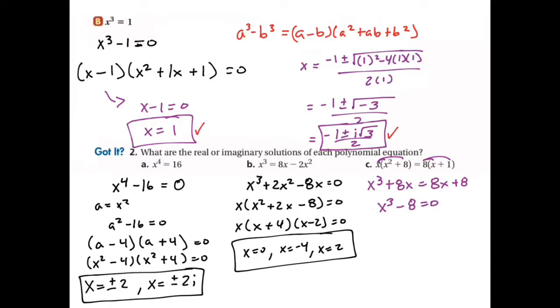This is the difference of cubes, so that means we've got x minus 2, and then here we have x squared plus 4x plus 4.